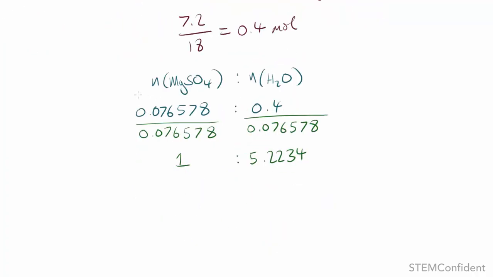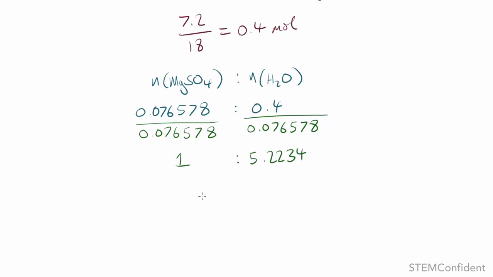And so in effect, now the issue here is that we still have a value which is not an integer, right? And we do want an integer value for x. So what I'm going to do is round that number to the closest integer value, which, if you look at this 5.2234, of course rounds down to 5.